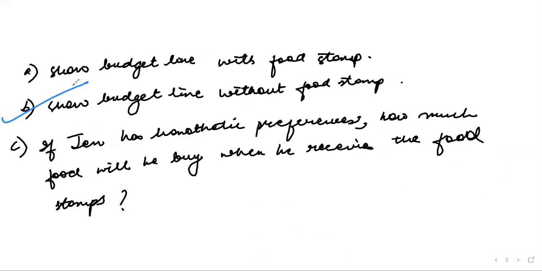Without any food stamp program, you can spend all your income on good X, so your 400 bucks goes to food. Alternatively, you can spend all your income on good Y, and your 400 bucks goes to all other commodities. Fine. For the next part, it asks us to plot what happens if we have the food stamp program in place. We'll discuss this in the next video.